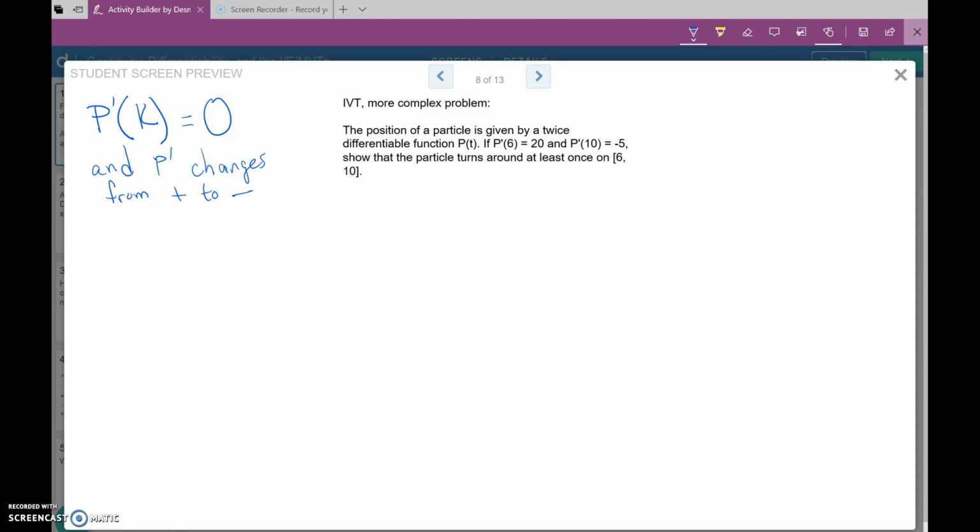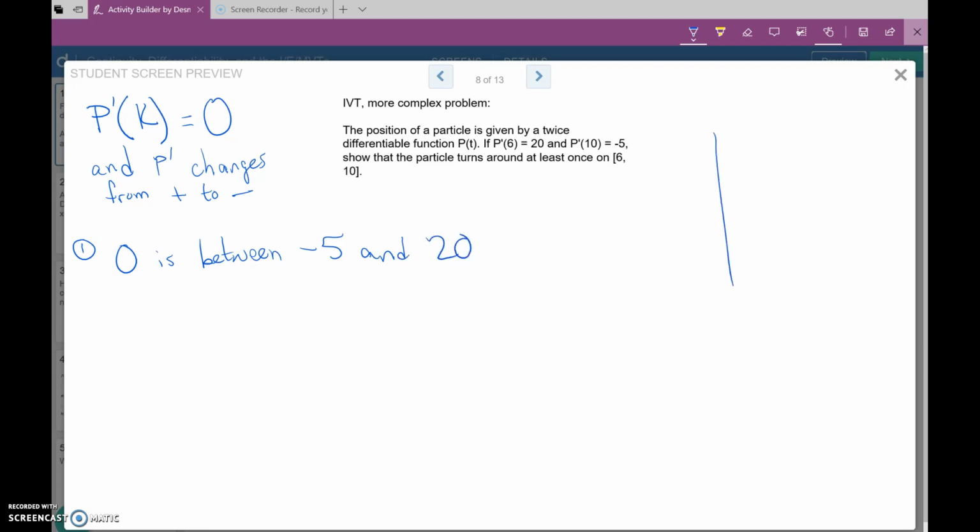Okay, so first we want to notice that p prime of 6 is 20 and p prime of 10 is negative 5. So 0 is between negative 5 and 20.